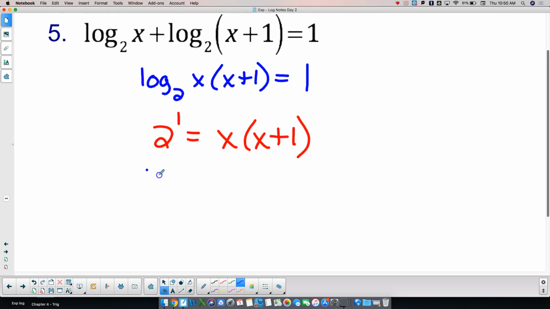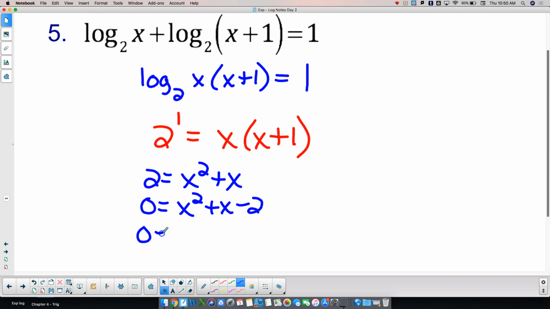Well, that's going to be 2 equals x squared plus x. That's 0 equals x squared plus x minus 2. That factors to be x plus 2 and x minus 1.